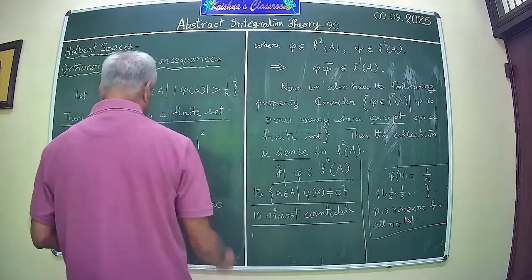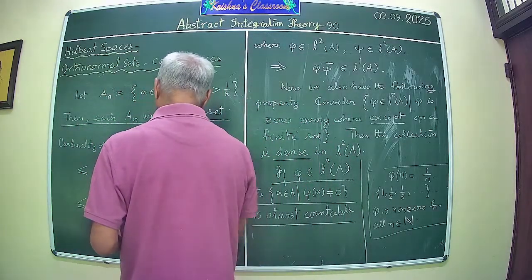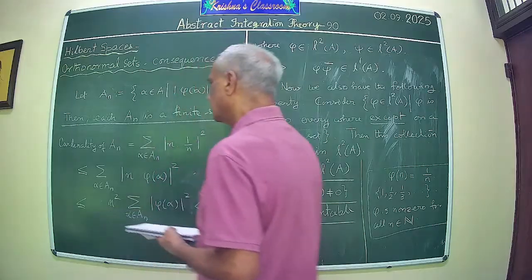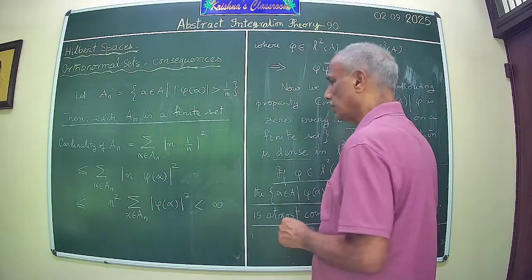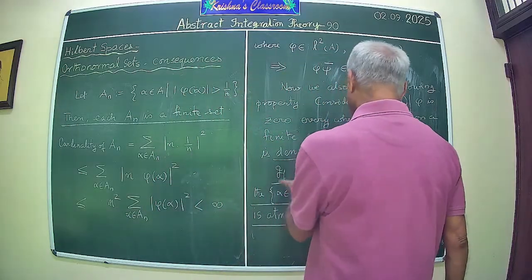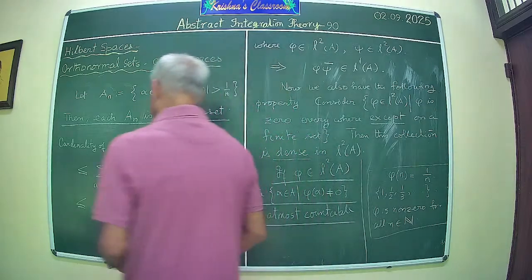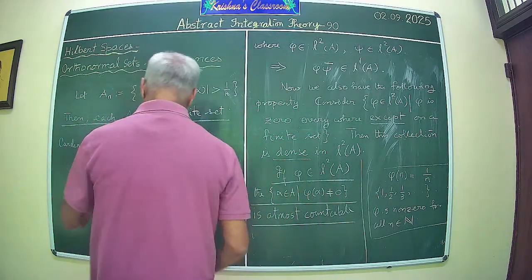So this is k times n squared. So what do you get? Where did we start? We started with the cardinality.